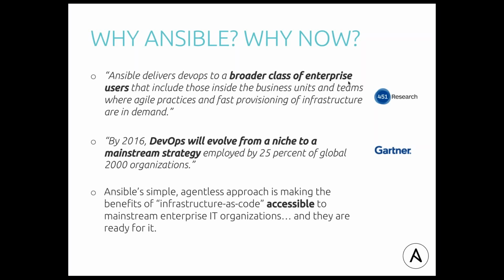They've adopted maybe agile development practices over the last decade to speed up their delivery of applications. They've adopted virtualization and maybe even cloud to speed up their delivery and provisioning of infrastructure. And so now they're looking for IT automation to glue all of that together, to improve their efficiencies and delivery even further.